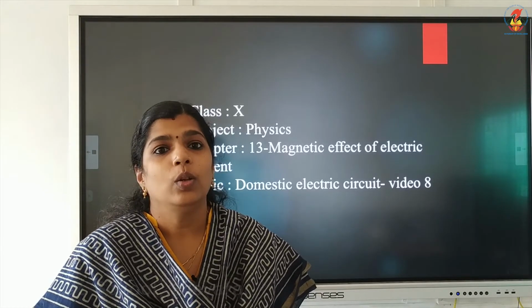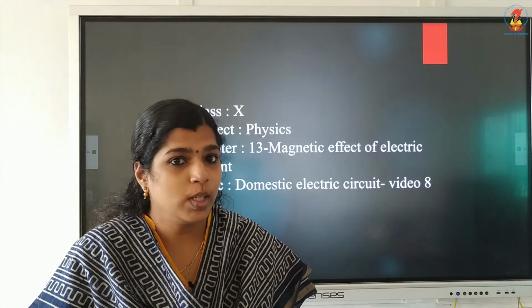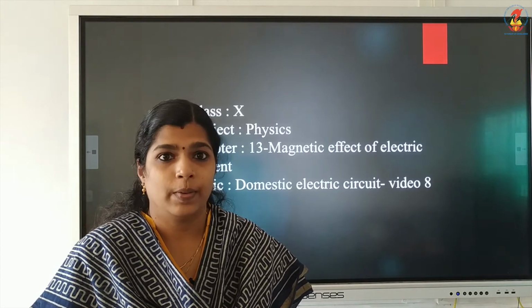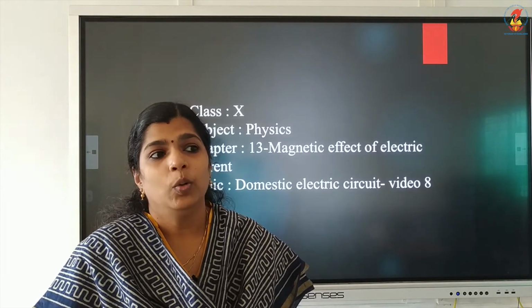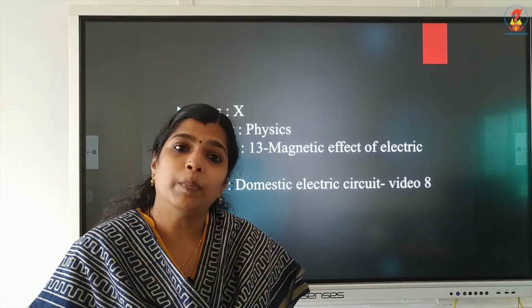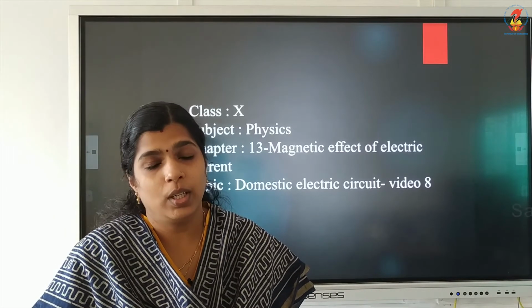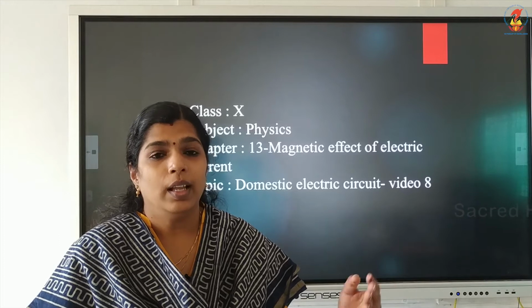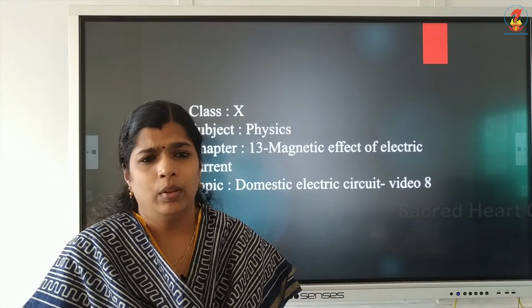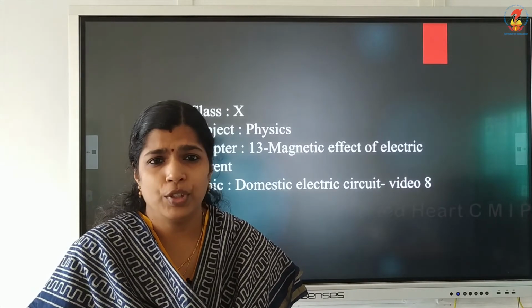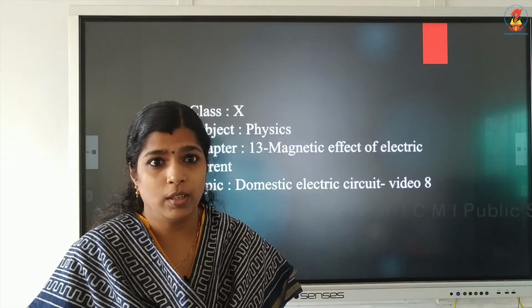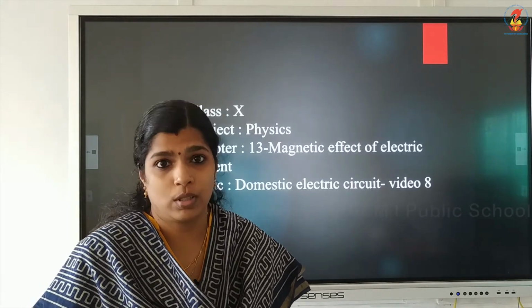Second one, we can provide an individual switch to each appliance. Third one, we can connect appliances of different power ratings together, like electric fan, bulb, electric heater, refrigerator, washing machine, electric motor, all those things.